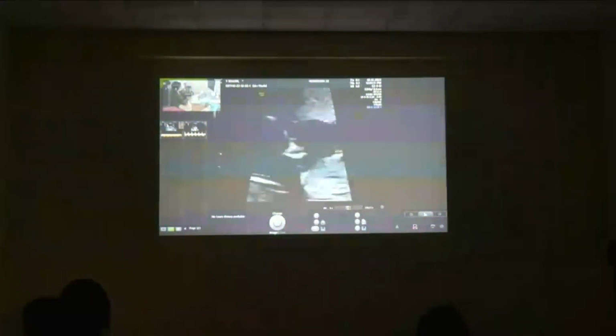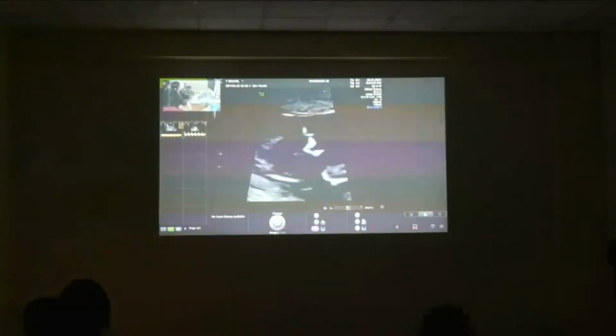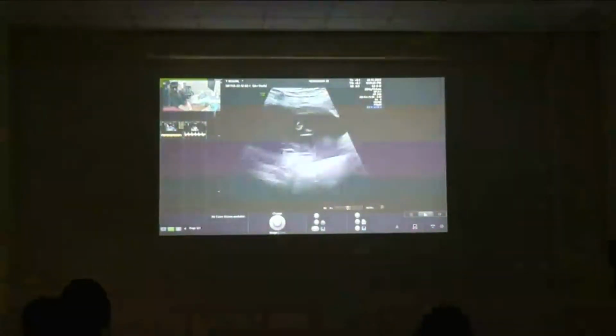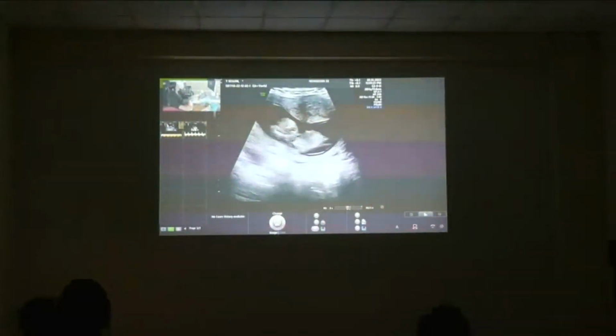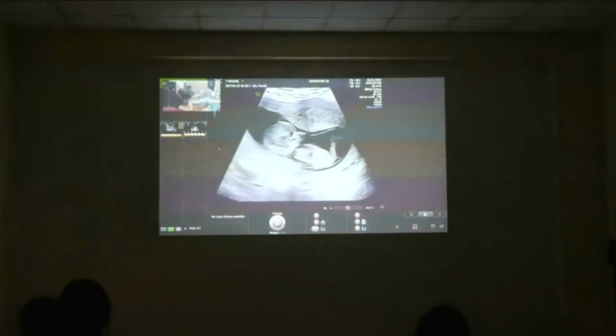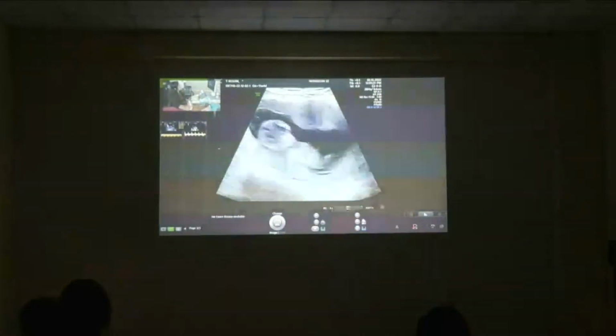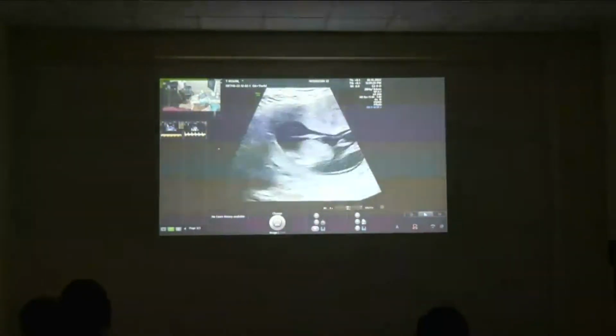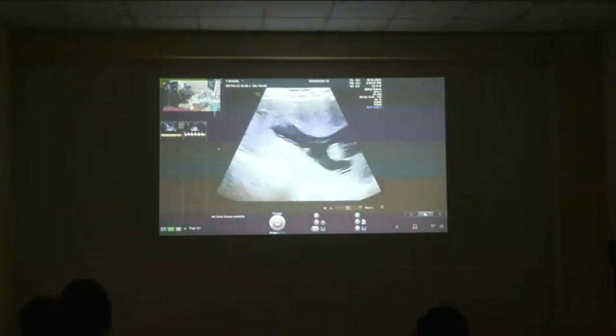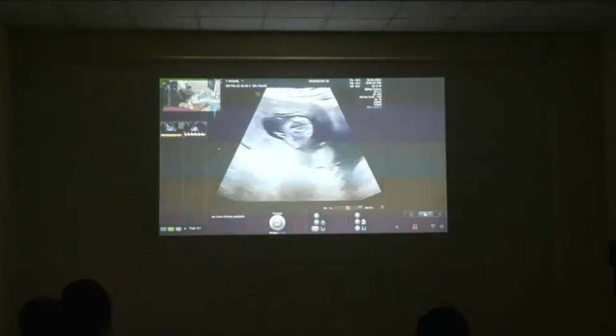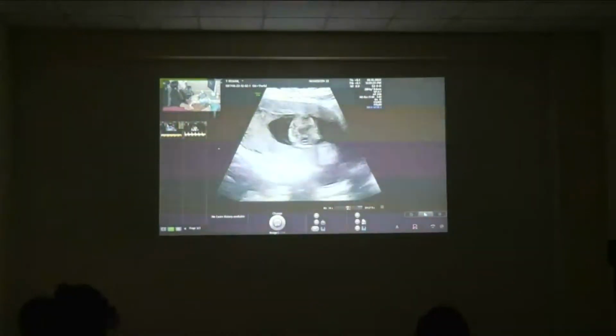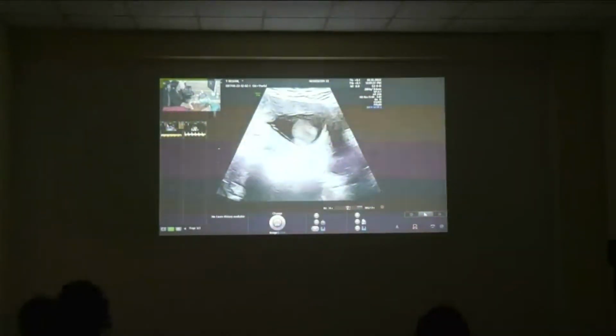So these are the 4. So once we've excluded these aneuploidy markers and we've seen that they are all normal, then we do a detailed fetal overview. So we start with the fetal head.